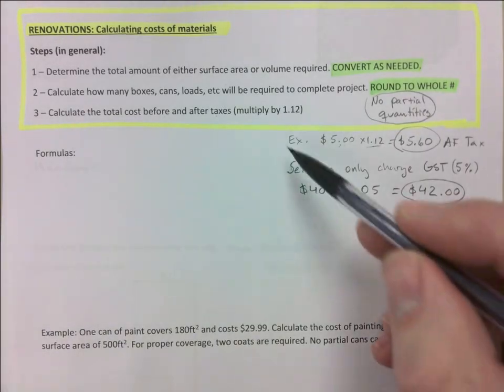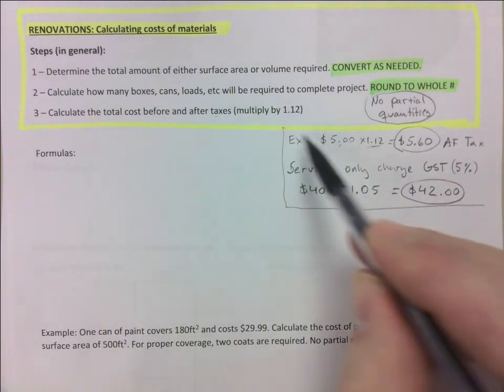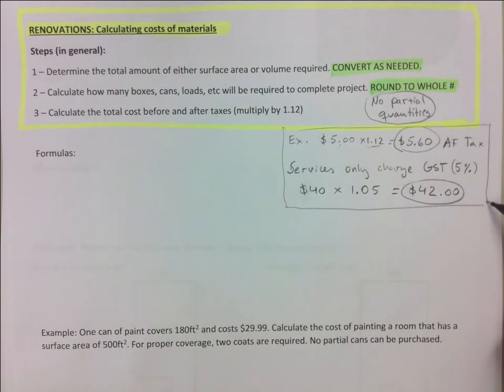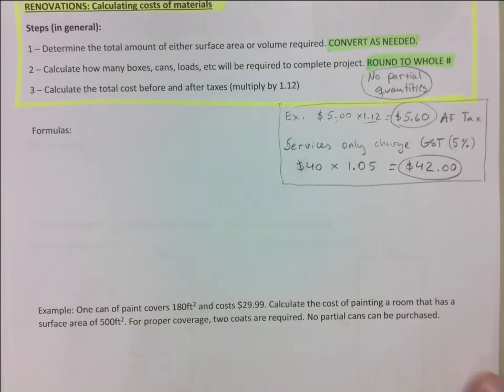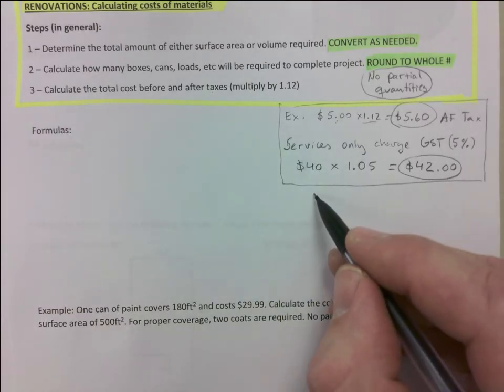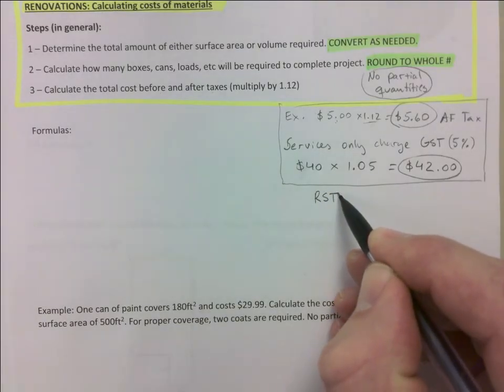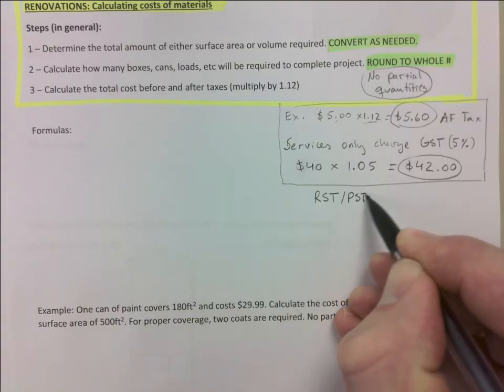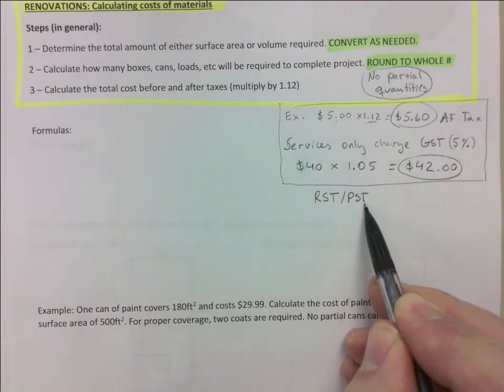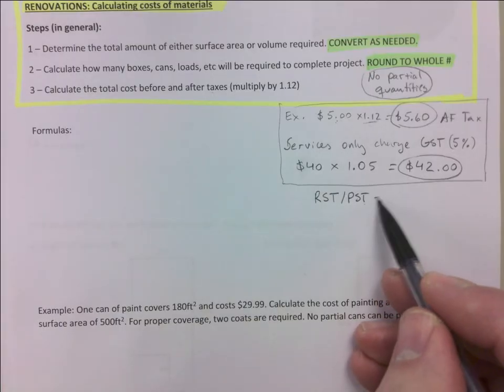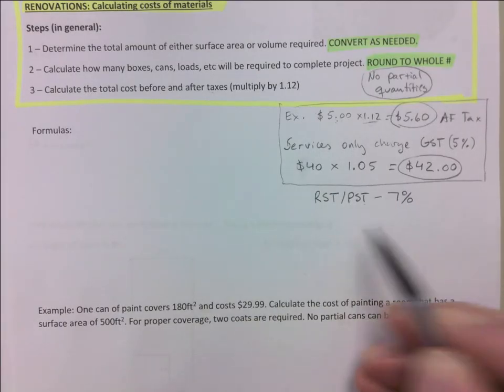So just remember, and maybe I will add this, some of you might not be familiar with our taxes. In Canada, I would say in Manitoba specifically, there's something called RST/PST. That's the provincial sales tax. Like that's just for Manitoba. It's 7%.